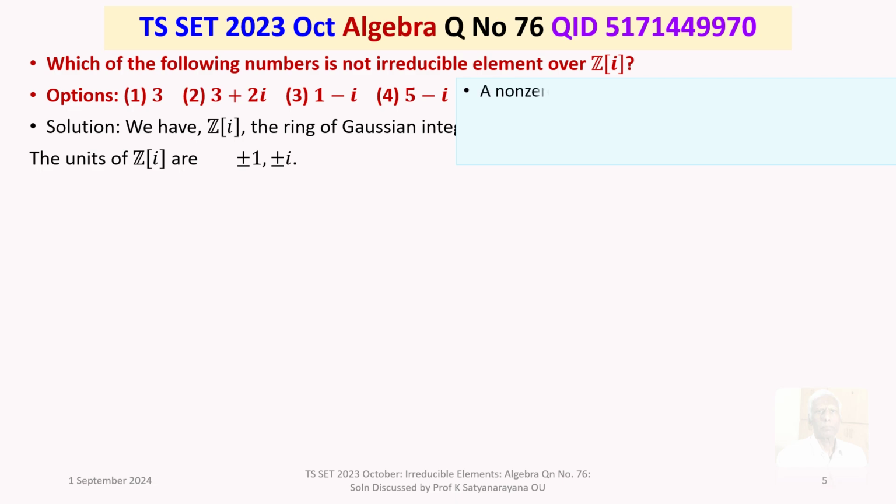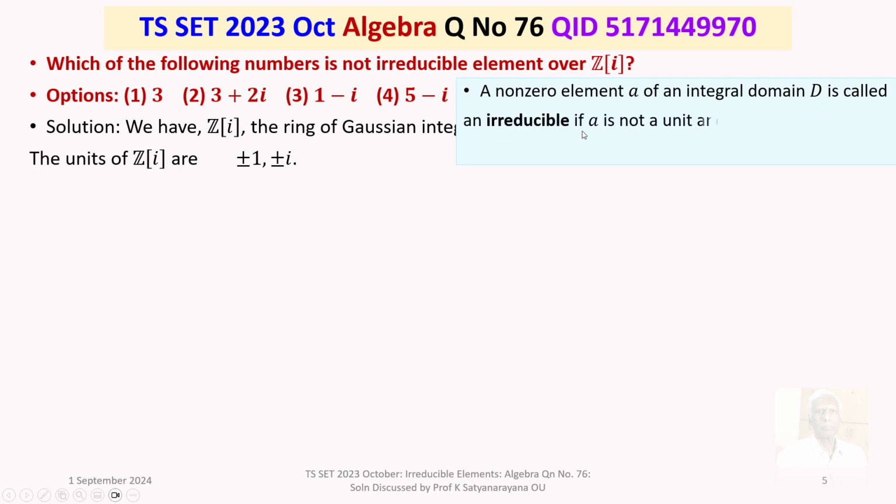Now, let's recall the definition of an irreducible element. A non-zero element A of an integral domain D is called an irreducible element if A is not a unit, and if A is the product of two elements B and C, that is, whenever A is equal to BC, then either B or C is a unit.